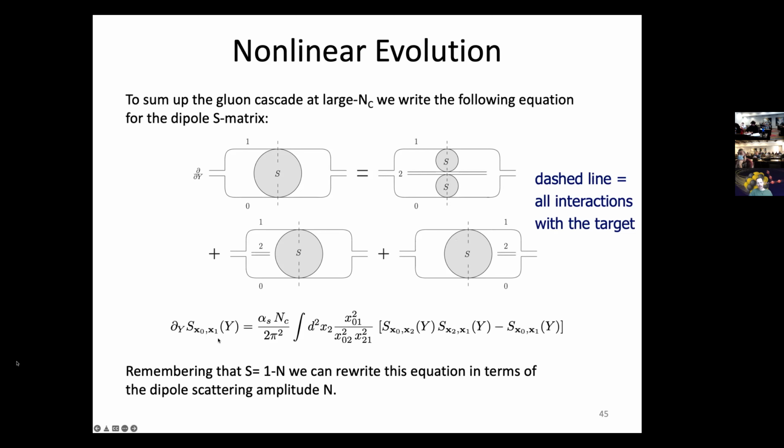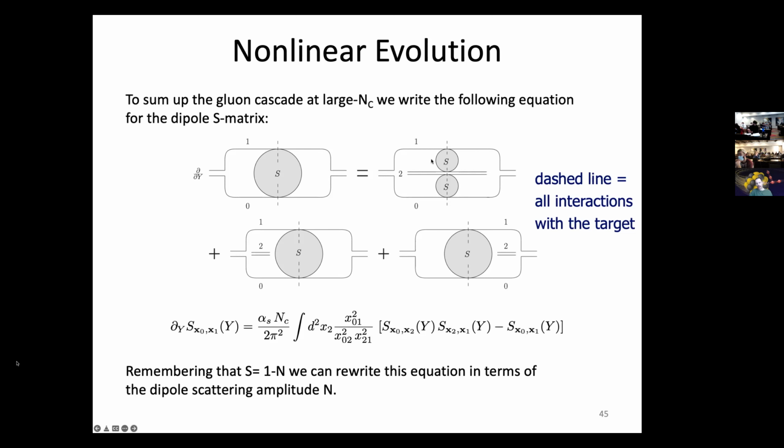So we get an evolution equation for the S matrix, where dy is a derivative with respect to rapidity. We get an integral kernel here of x01, x02, x21, the transverse sizes of all these dipoles. x10 is our original dipole size, x21 and x20 are the so-called daughter dipole sizes, the dipoles produced by this one step of evolution.